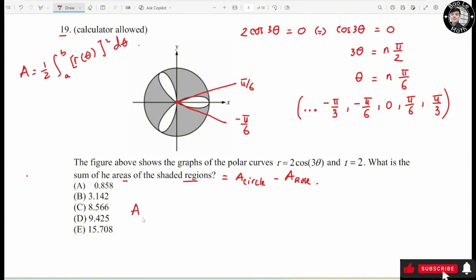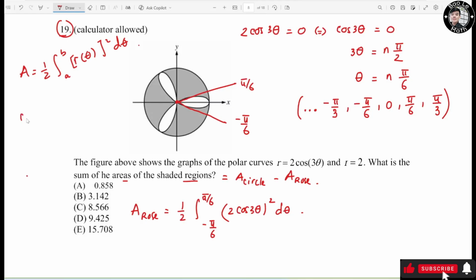The area of the rose equals 1/2 the integral from negative pi over 6 to pi over 6 of 2 cosine 3 theta altogether squared d theta, right? Since this is number 19, we are allowed to use the calculator, but you could solve this one without using a calculator.